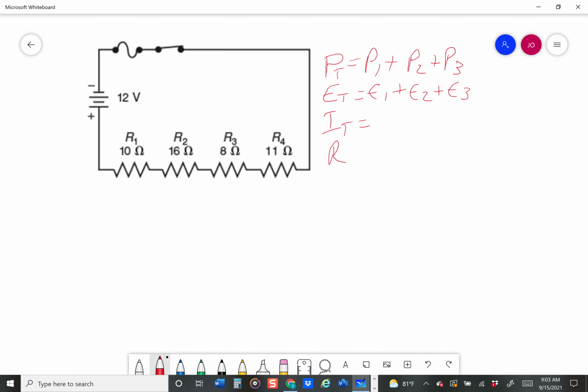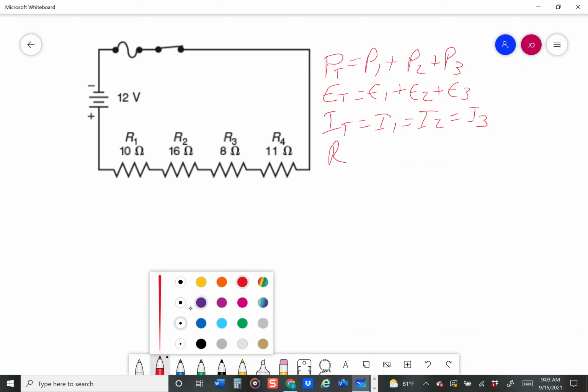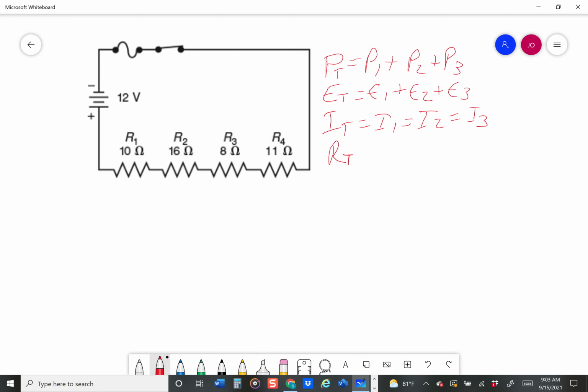I total equals, so current was the same throughout a series circuit. That's hopefully something we remembered with little to no effort from first year. I'm going to make my pen a little bit bigger. And R total equals R1 plus R2 plus R3. So if we remember correctly, series wasn't too terribly bad to solve for all this stuff.